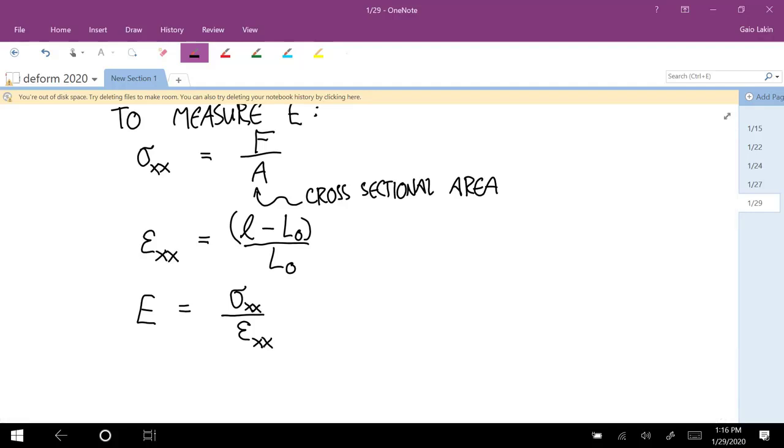So you can see if you multiply this XX stress to both sides, you get an equation that looks a lot like the spring equation, where this E is just the spring constant, but our spring is solid material.